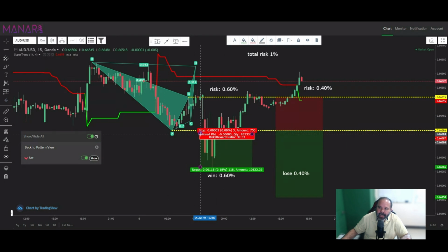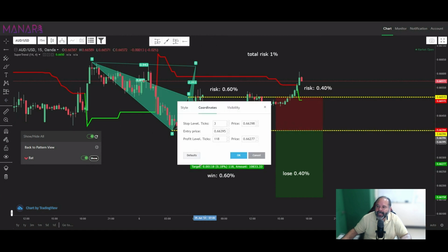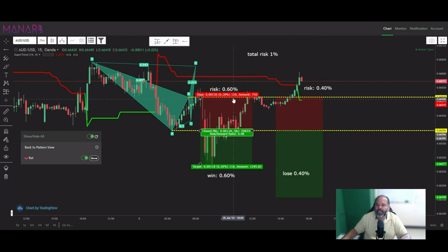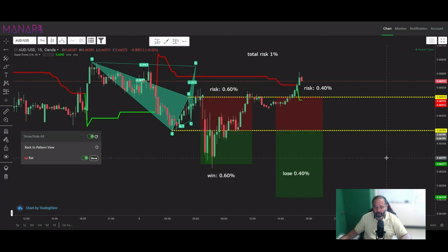So that's why this strategy is so easy and simple to apply. Because you don't need to move the stop loss to the break even zone. You just leave it there.